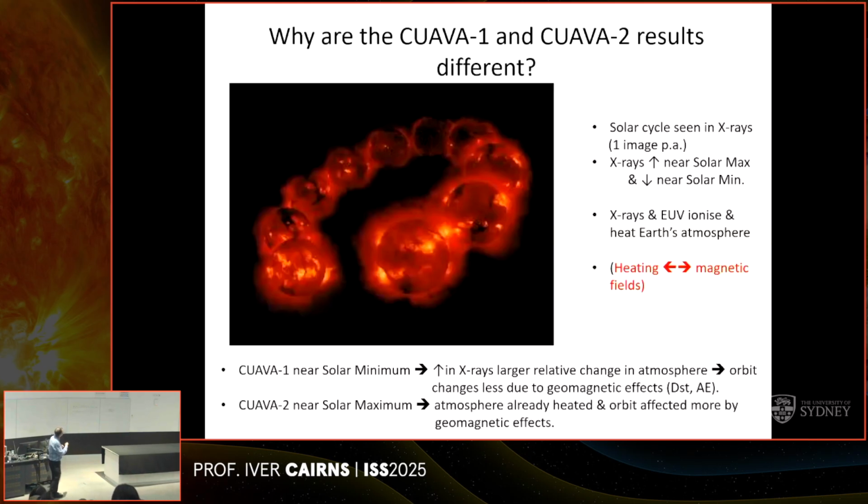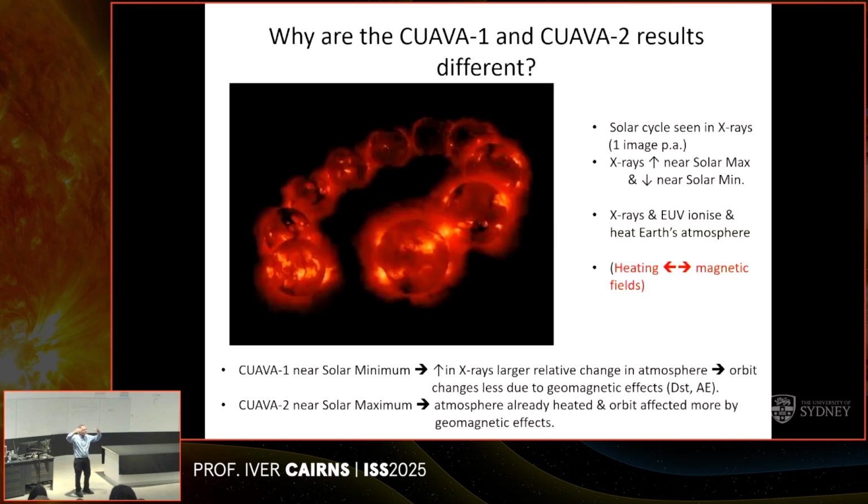Inspire 2 was near solar minimum here, so a significant change in X-rays made a big change in the heating of the atmosphere, its puffing up, and the drag. But at this time here, CUAVA 2, just recently, we're already puffed up about as far as we can go in Earth's atmosphere.